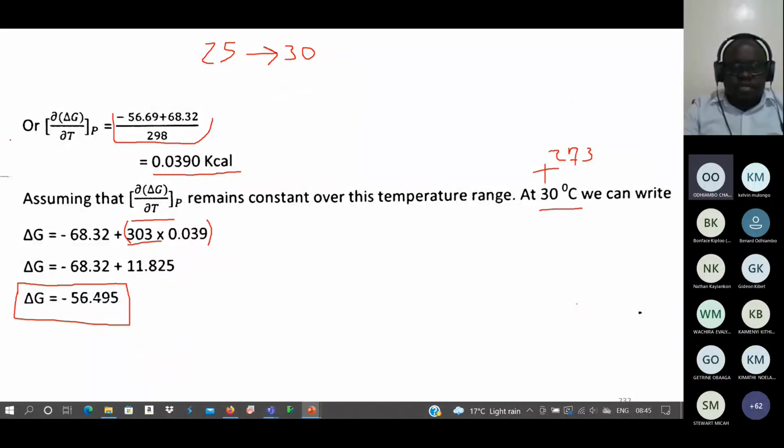So not so different, but within that small temperature range there was this assumption that the change in delta G with temperature at constant P remains constant. Therefore, you see these values are very close. Delta G's at the two temperatures are close enough to each other.